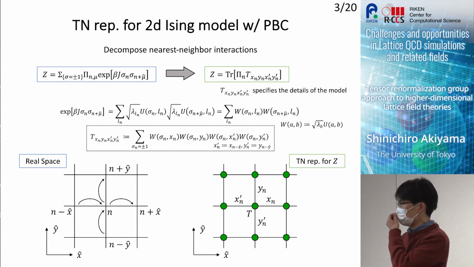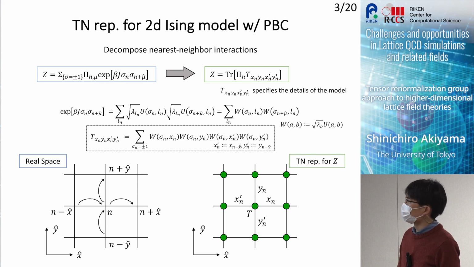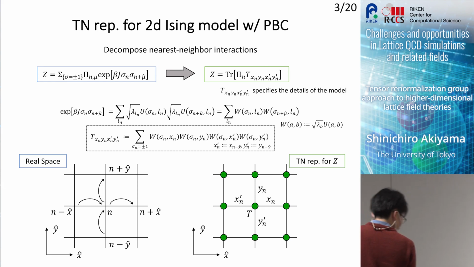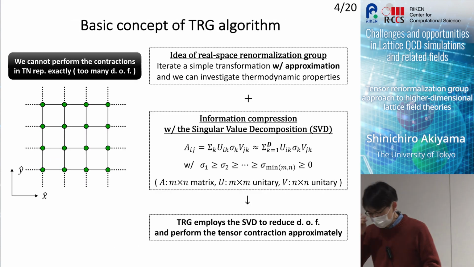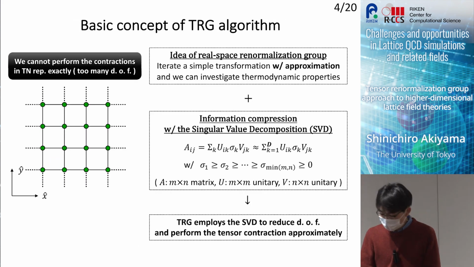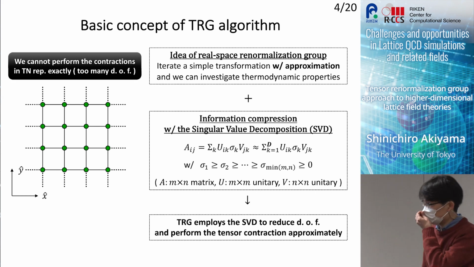And also in the right-hand side, the internal line is representing the tensor contractions. So this line means the tensor contraction between this tensor and this tensor over this tensor leg.